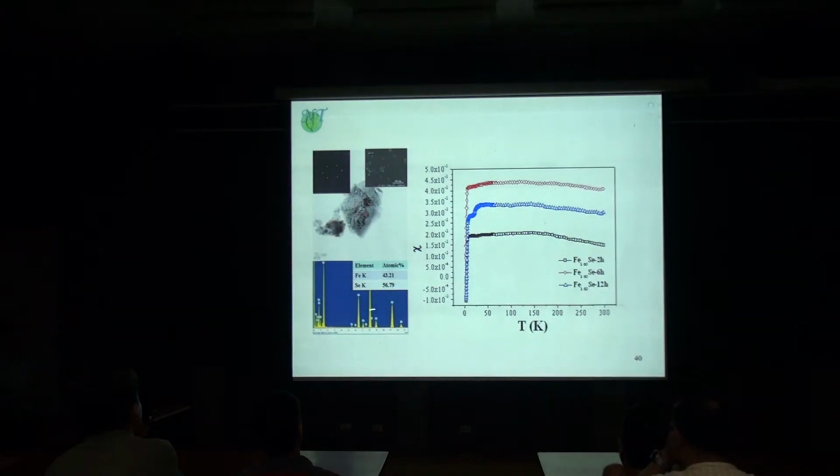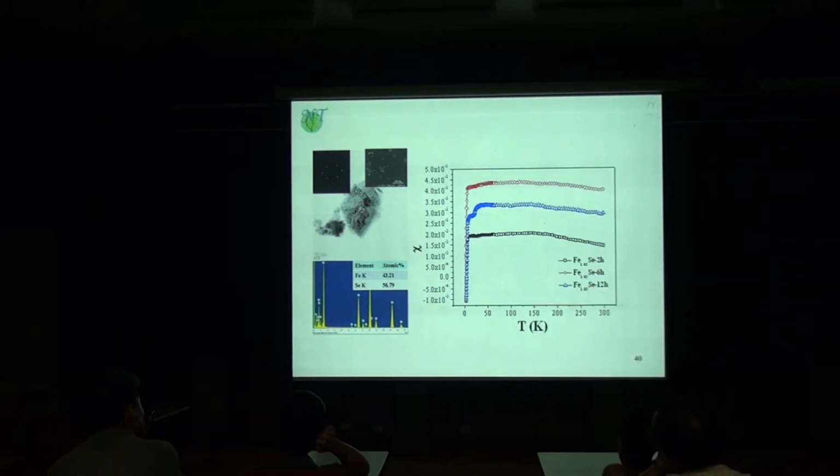And this is one of the early works we had. And indeed, by using a simple, relatively low temperature process, you see this magnetic susceptibility measurement. Usually you see this kind of big signal indicating a superconducting transition.